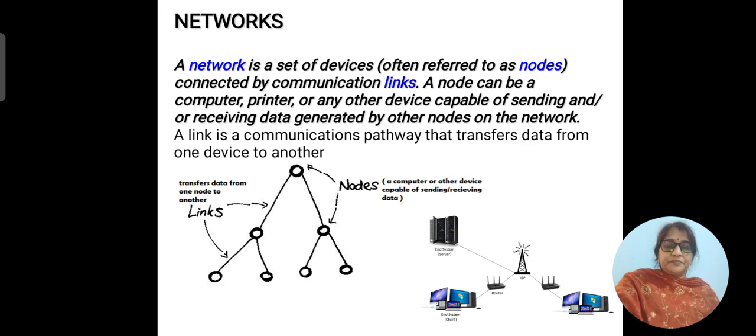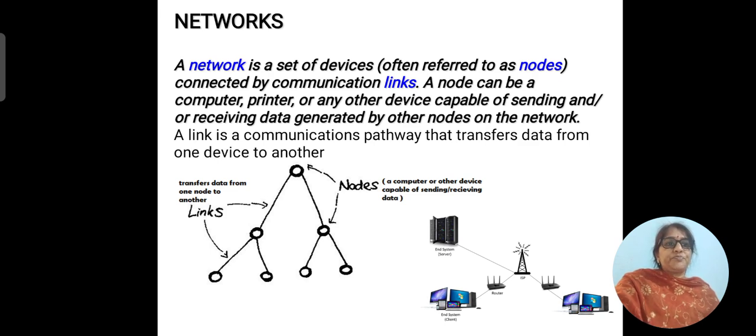Let's repeat. A network is a set of devices, often referred to as nodes, connected by a communication link. A node can be a computer, printer, or any other device capable of sending and/or receiving data generated by other nodes.